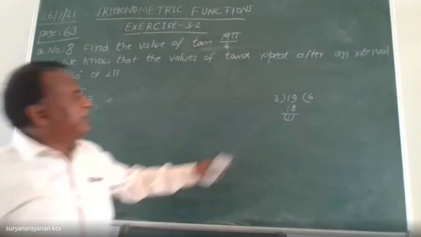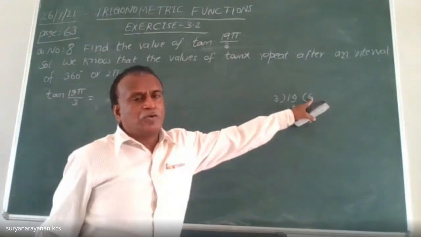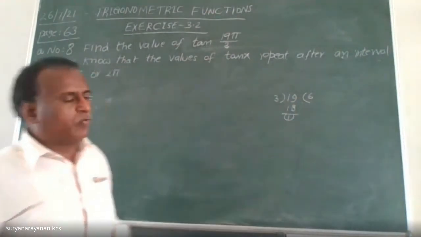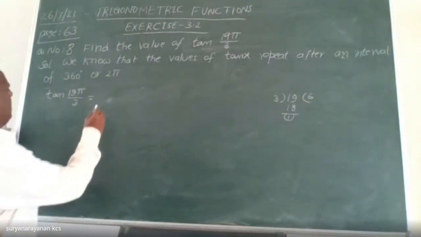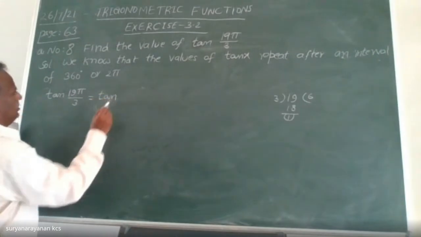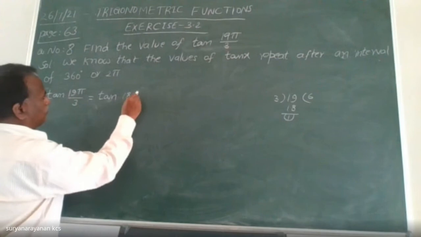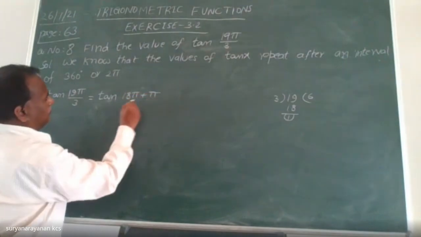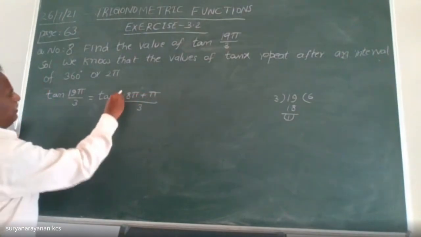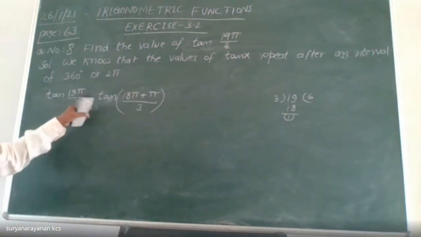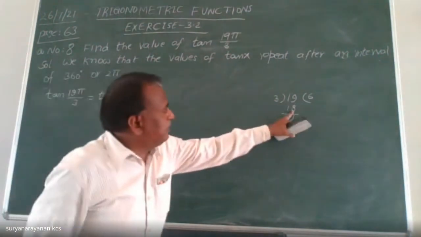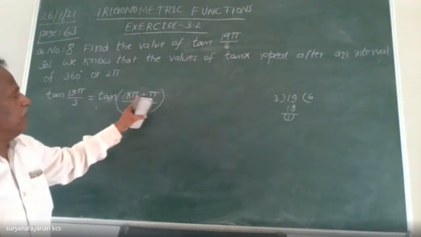After dividing 19 by 3, we got quotient 6 and the remainder is 1. So we can write this as tan of 18 pi plus pi by 3. Can we split like this? 18 pi plus pi. What will you get here?